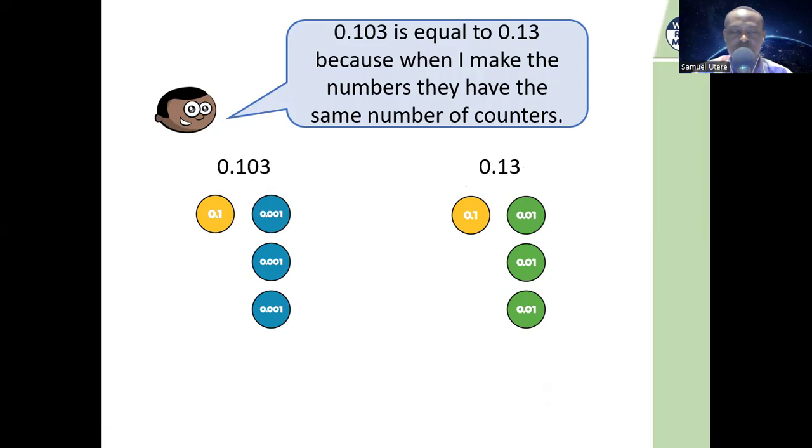So we can clearly see that this number is greater than that number. So we use the less than sign. So 0.103 is less than 0.13.